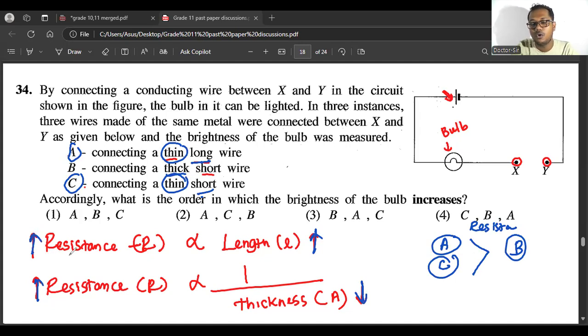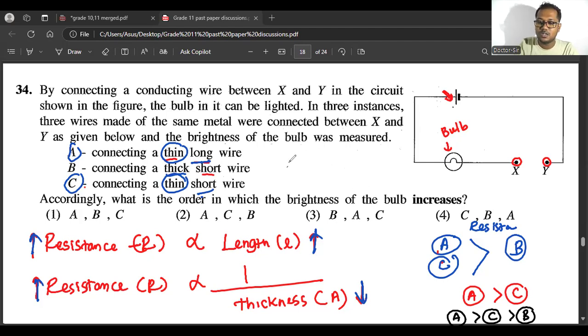So which one has more length? A. So more resistance in A. A is higher than C by the length. So we can combine the answer. A has more resistance than C and B. The one with more resistance will have reduced brightness, and the one with low resistance will have more brightness.